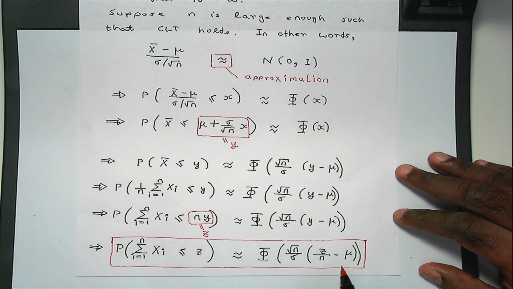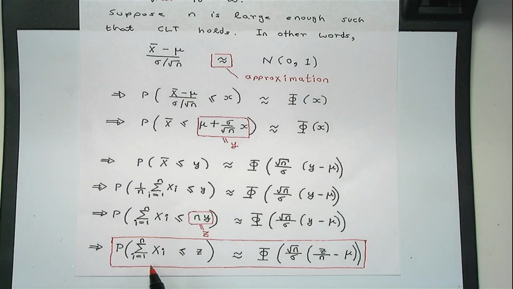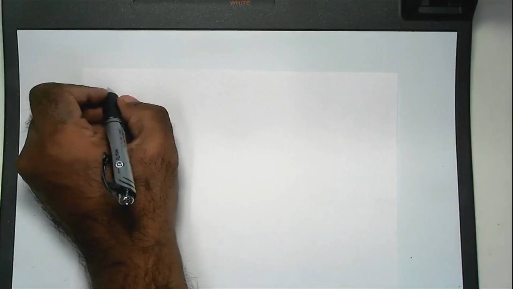And we can use this result to answer example 3 from the previous video, and that's what I'm going to do right now. So I'm going to use this result to answer example 3.